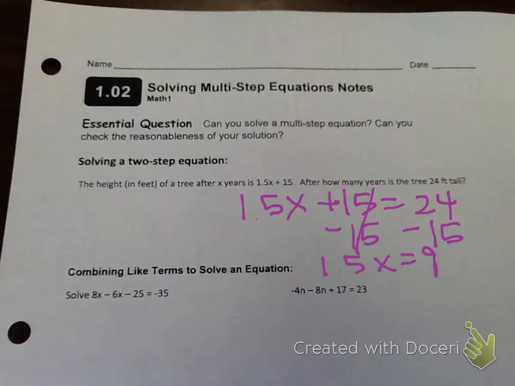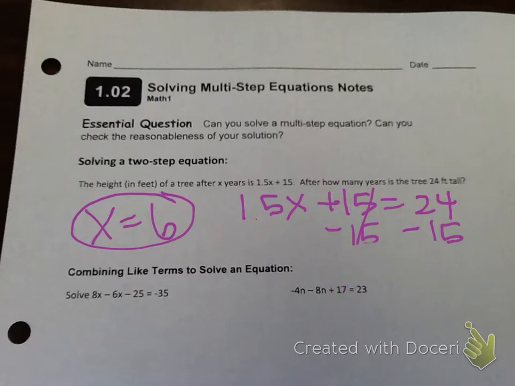And then we divide by 1.5, and I get x equals 6. So my tree is 6 years old, which I should label years.